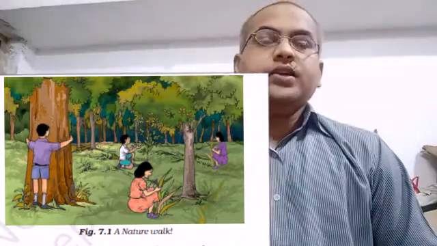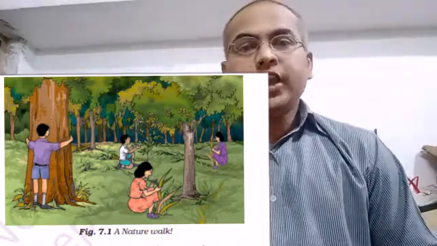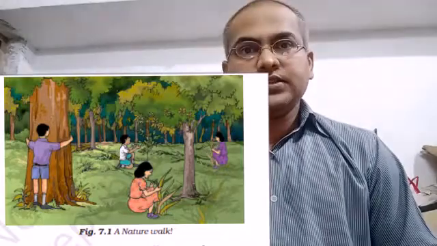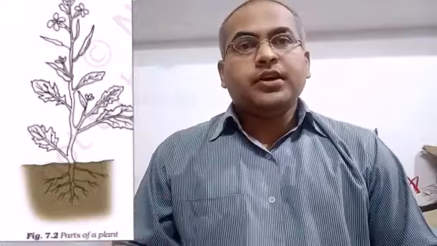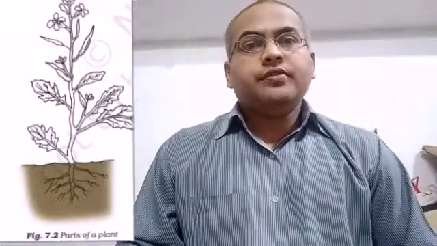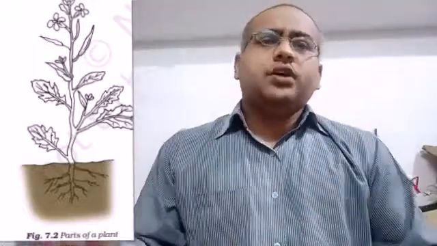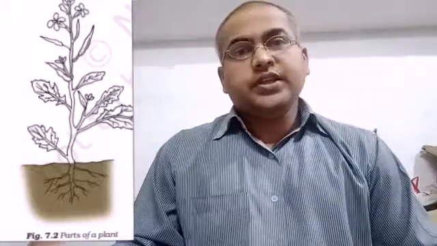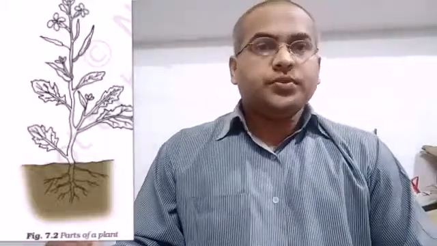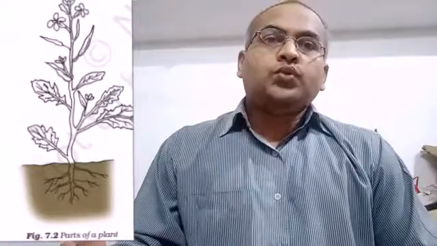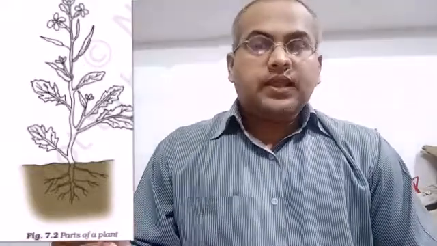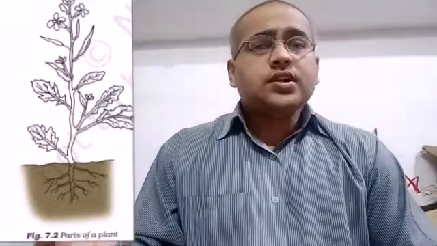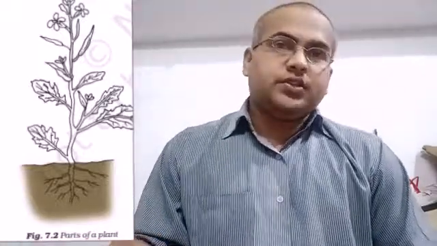You will find the leaves are of different shapes, sizes, and colors. Peepal leaf, banyan leaf, tamarind leaf, neem leaf, and several other types of leaves are present in our surroundings. If we observe, some are round, some are oval, some are long, like the banana leaf. So these are the leaves we find in nature.